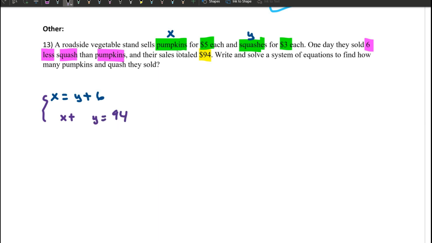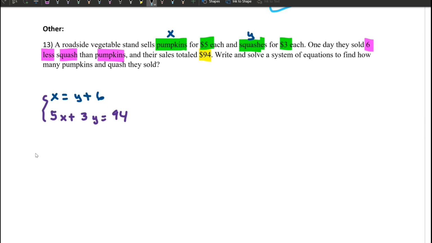But we know that pumpkin is $5 each, which means $5 for every pumpkin is 5x, and $3 each means $3 for every squash is 3y. Alright, then we're going to solve for this. I think the hard part is setting up the equation. If you need time, pause the video, go back and rewatch this part.